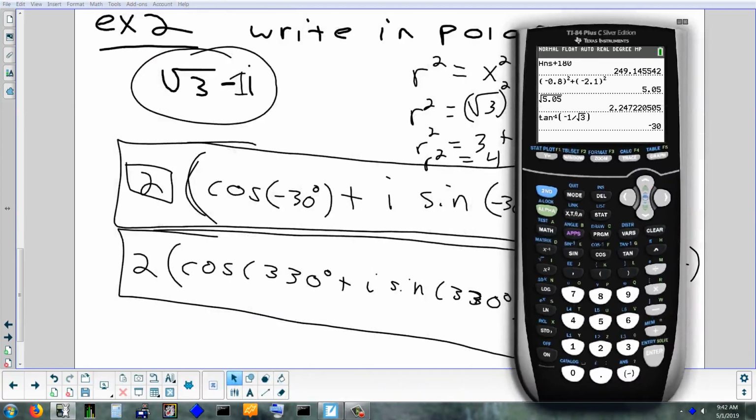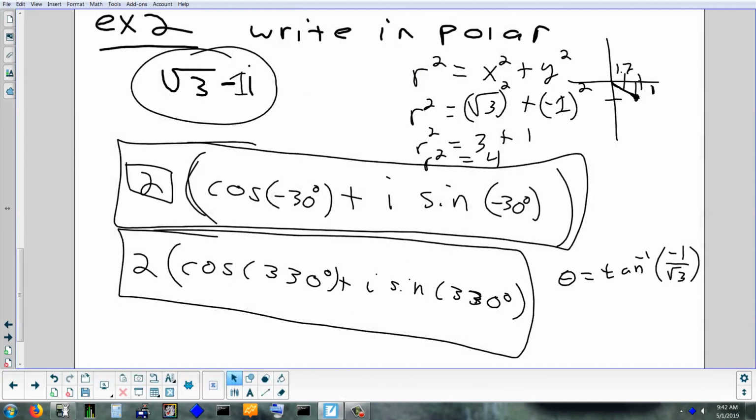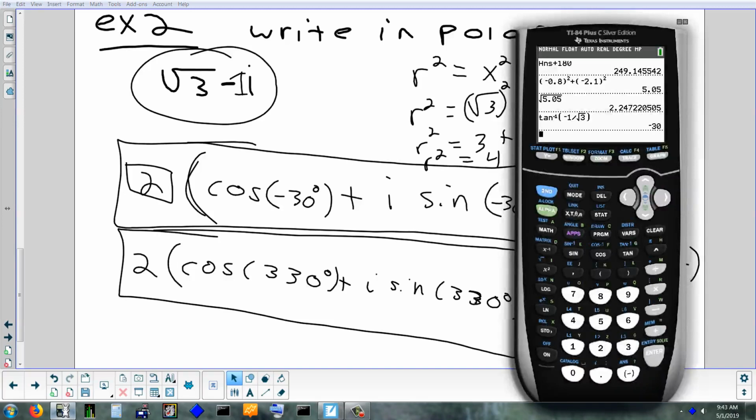If you took the cosine of 330 and multiplied the 2 out, what would you be doing? Because I said stop here. If you don't, you're going to be changing it back to what you started with. So don't do this, just watch it. If you take the cosine of 330 and then distribute the 2 to it, you get the number 1.73.